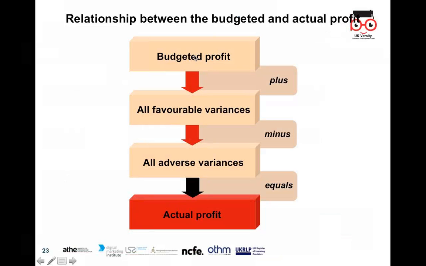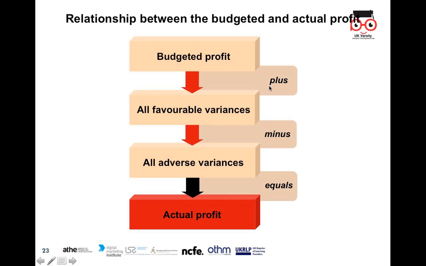A relationship between actual profit and the budgeted profit. Budget profit is estimated profit, so forecasted profit, the managers are expecting for the forthcoming period of time.